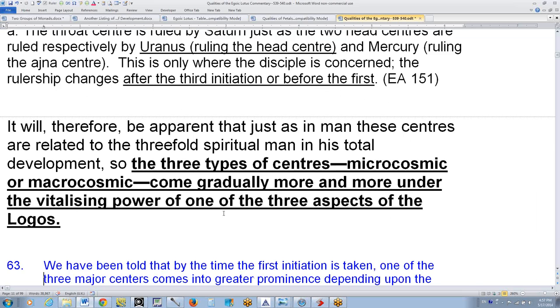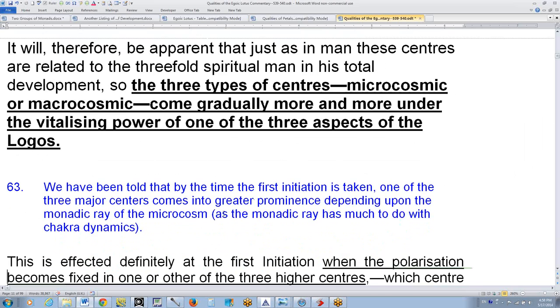When the monad anchors itself, at least microcosmically, it tends to choose the head, the heart or the throat, depending on whether it's ray 1, 2, or 3 of the monad. And this will also operate in terms of the greater type of being.